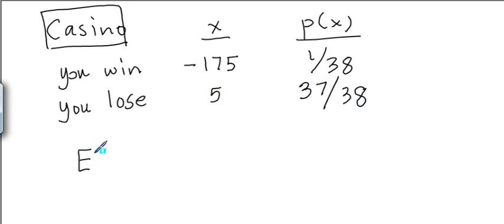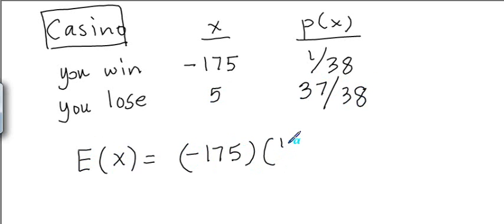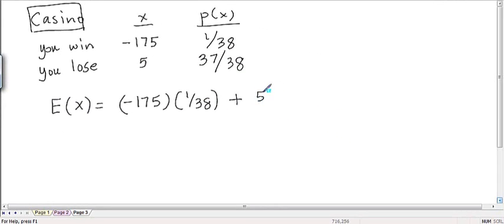Let's calculate the expected value for the casino. Again, the same formula. You take each x value, multiply it by its probability, and you add up all those products. All I'm doing is multiplying each number by its probability and adding those up.